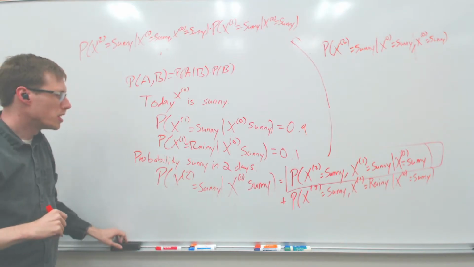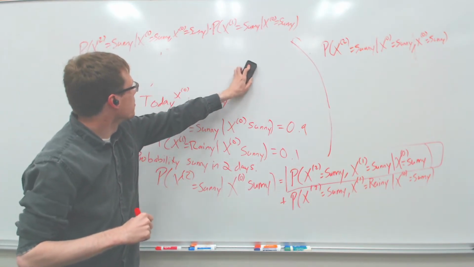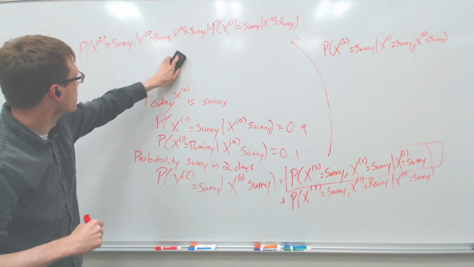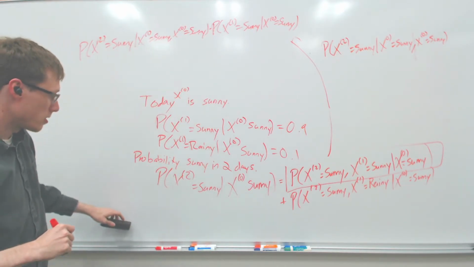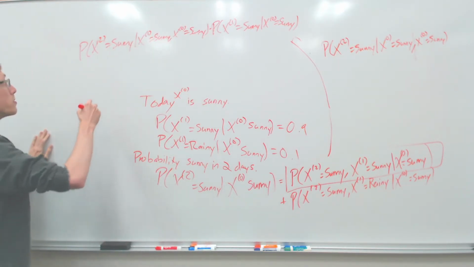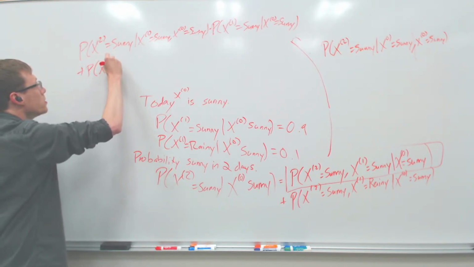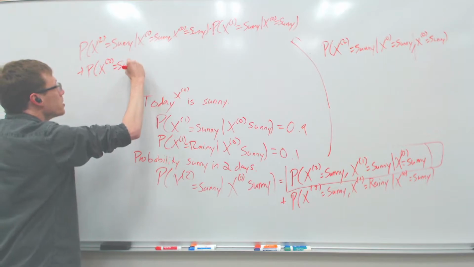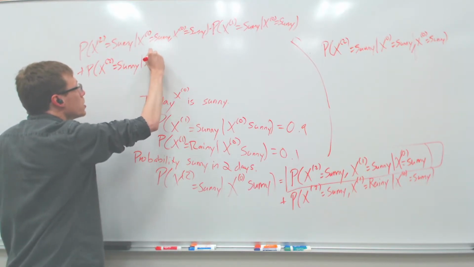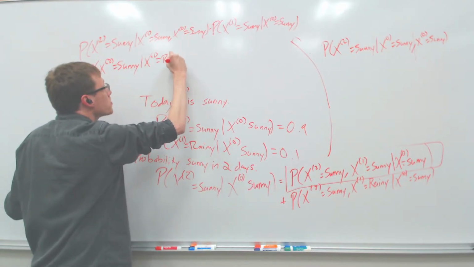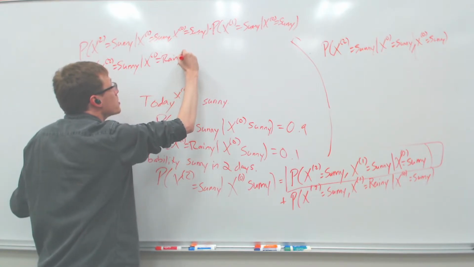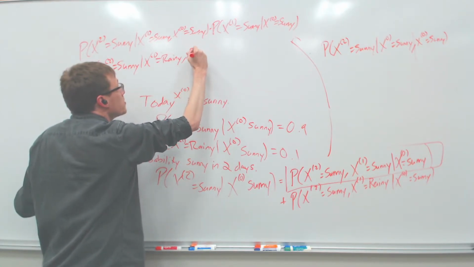And that's all it is. It just expanded out a little bit messy, but that's okay. It would have been much cleaner if I had not had to write sunny after everything. And then we just have to add on the other one, which is x2 equals sunny, given x1 is rainy, x0 is sunny.